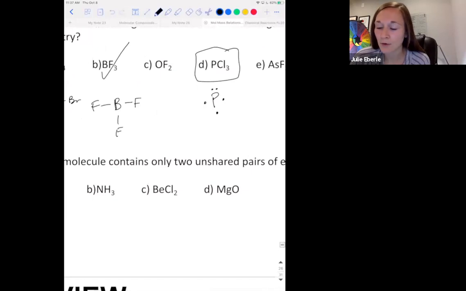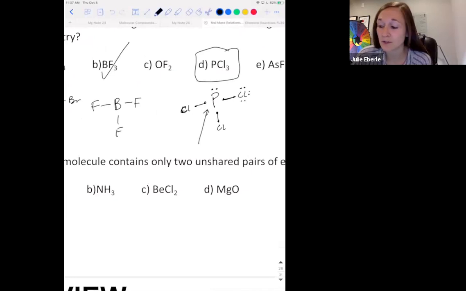Those 3 single electrons are going to be bonded to your chlorine atoms. Those chlorines would have a bunch of lone pairs too. Remember, you do not count the lone pairs on your non-central atoms. Just because chlorine has lone pairs, we don't factor that in when we're naming the geometry of phosphorus. Phosphorus here has a lone pair.